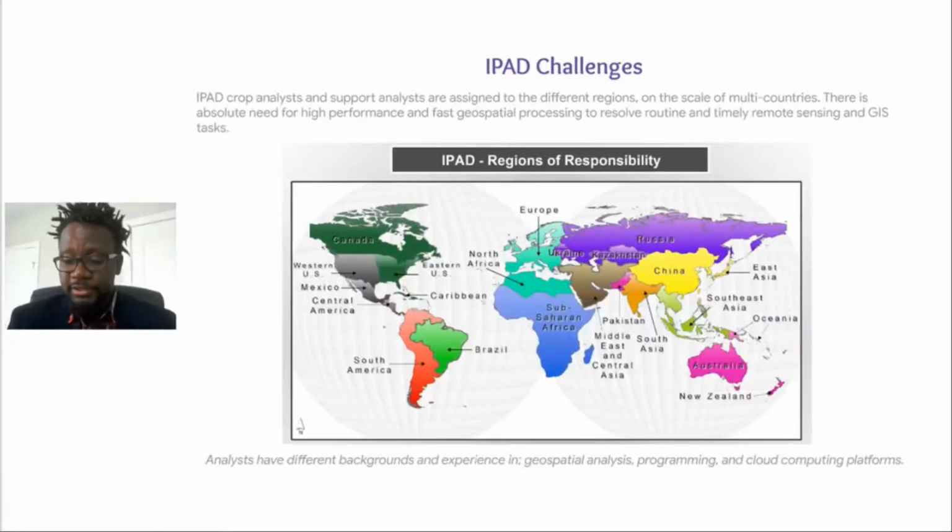To accomplish this mission, IPAD analysts are assigned to different regions around the world. And as you can see, the challenge we have is that the sheer size assigned to these analysts is overwhelming, and there is absolute need for high performance geospatial processing capabilities.